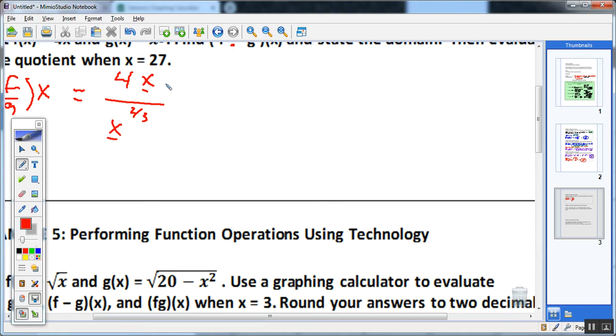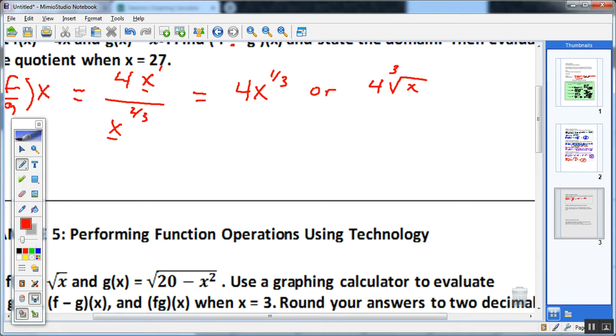Isn't this really x to the first up here? What's 1 minus 2/3 then? Okay, so I could choose to write this as 4 times x to the 1/3. Or maybe some of you want to call it 4 times which root of x? 1/3 power is the same as which root? Okay, so are you okay with either one of these functions up here?